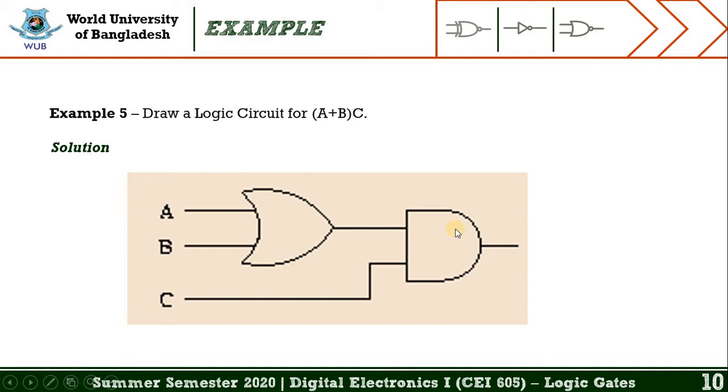And you see A or B, so our OR gate should have 2 inputs, one is A and another one is B, and its output is connected as an input of our required AND gate. So A plus B should be one input of the AND gate, and the other input should be C.